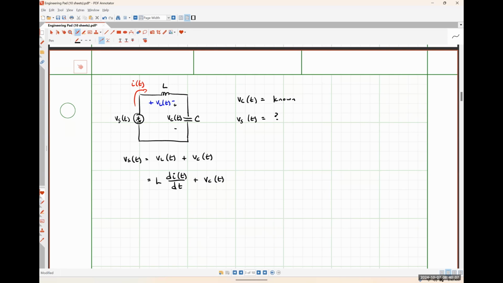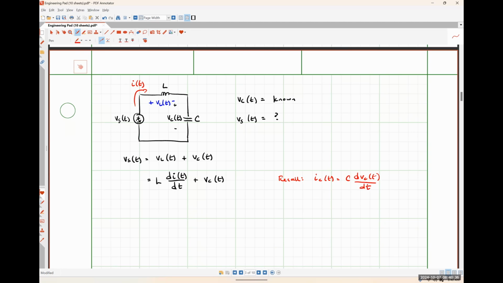Yes, because we know that I is equal to C dV by dt. So let me just do this as a quick aside over here. I'll do it in red since that's what I use for my current. Recall, IC of t is C dV by dt.